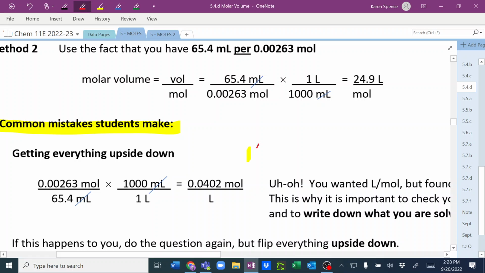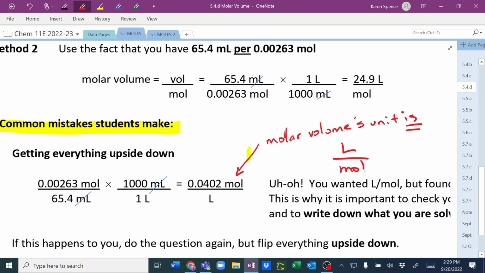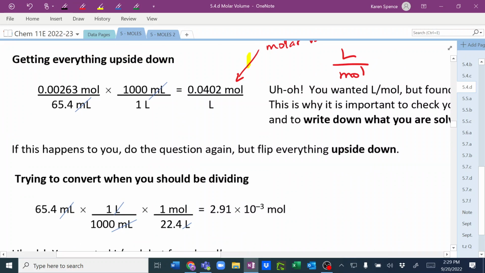The unit of molar volume is liters per mole, so don't write it upside down, okay? If this happens to you, and you got moles per liter, then do the question again, just take everything and flip it upside down, okay?